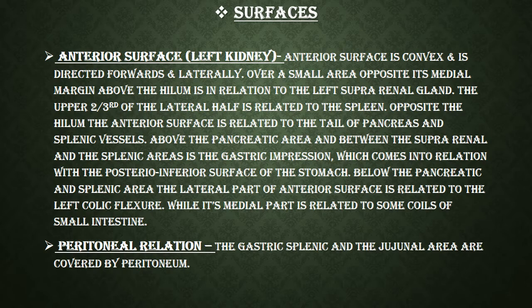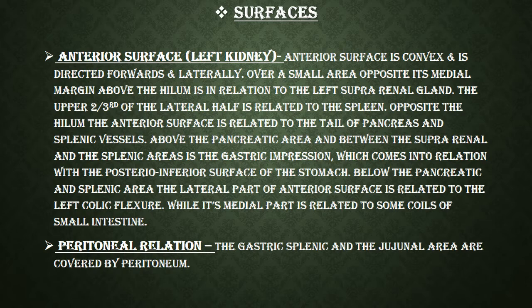Above the pancreatic area and in between the suprarenal and the splenic areas is the gastric impression, which comes into relation with the posterior-inferior surface of the stomach, being separated by the peritoneum of the lesser sac.